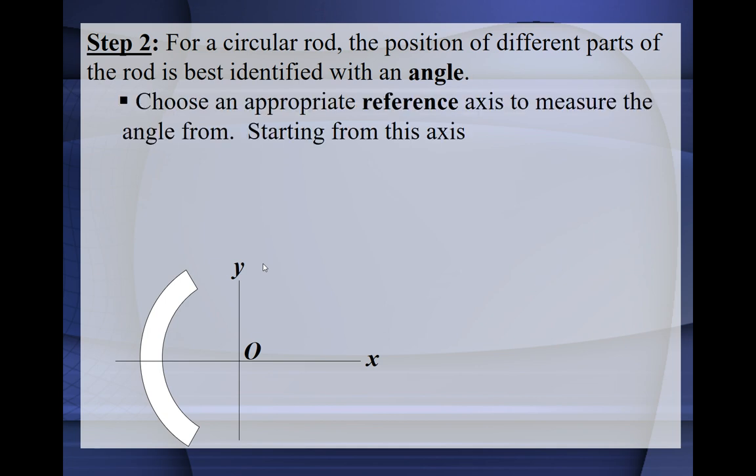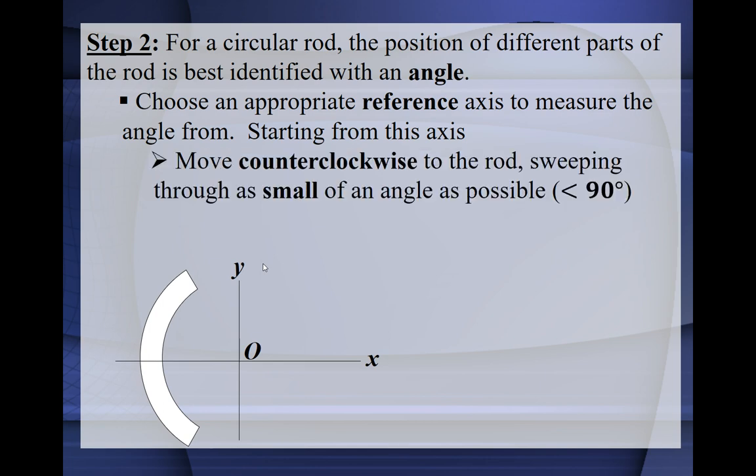As I mentioned, the first thing you want to do is choose an appropriate reference axis to measure the angle for where your arc of charge is going to start and where your arc of charge is going to end. What you want to do is move counterclockwise to the arc, and you want to try to sweep through as small of an angle as possible.